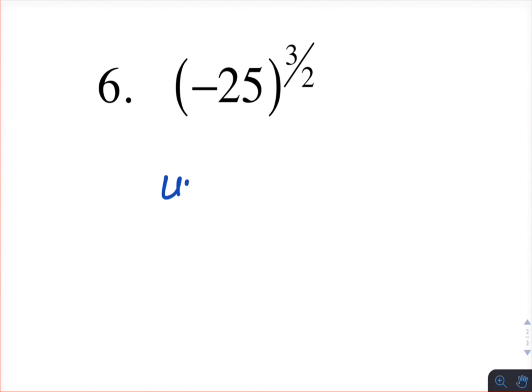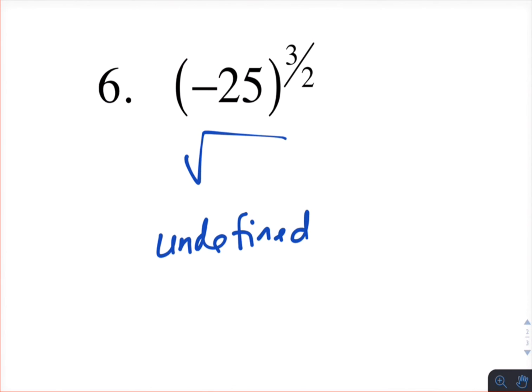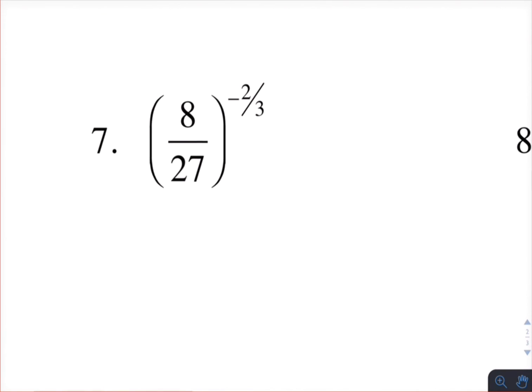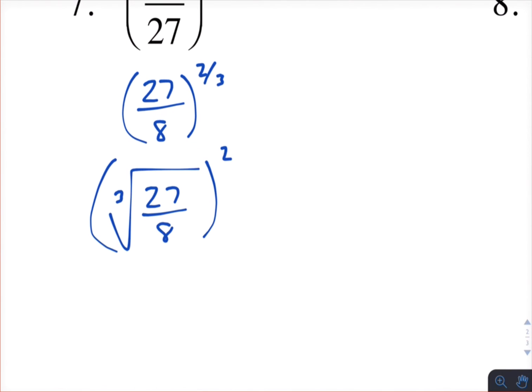This is undefined because this is actually the square root of negative 25 raised to the third. And you can't take the square root of negative 25. Okay, so we flip this. So this is 27 over 8 to the positive 2/3, which means it's the cube root of 27 over 8 squared. And that is 3/2 squared, which is 9/4.